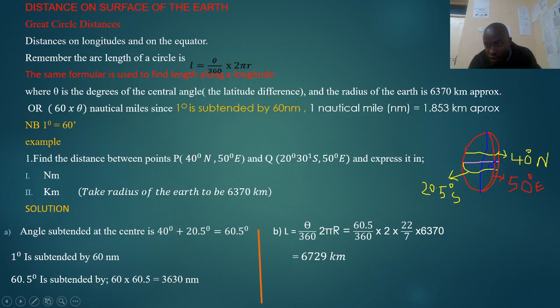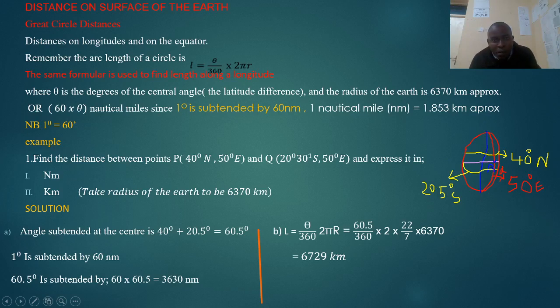So the point is here. If you locate your point here, give it point Q. That is point Q. Now we need to find out the distance between P and Q.